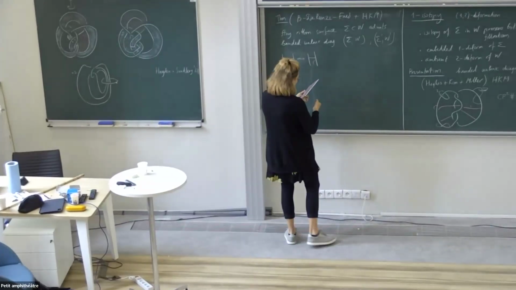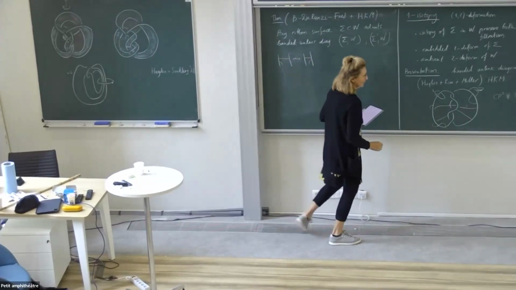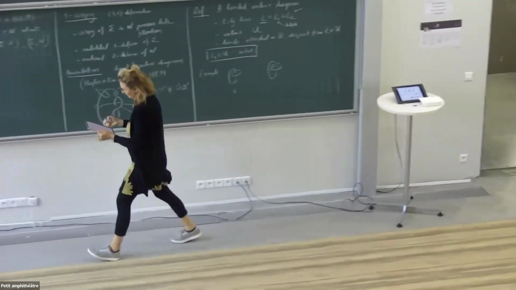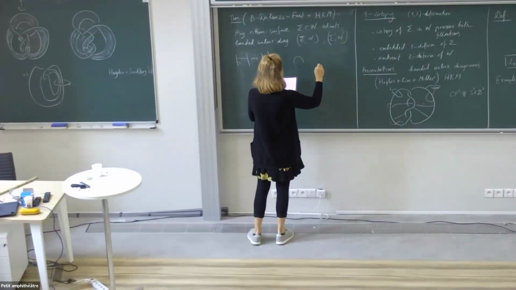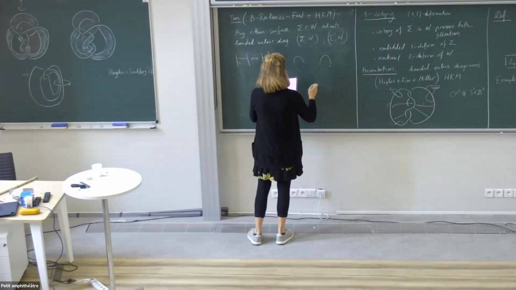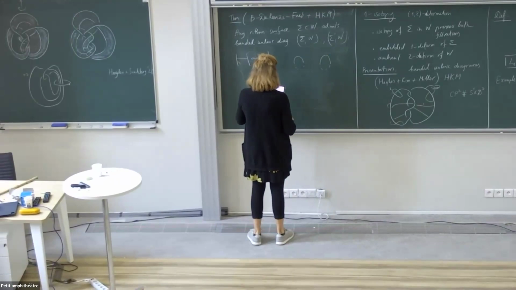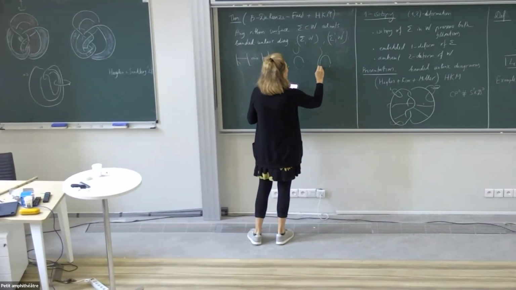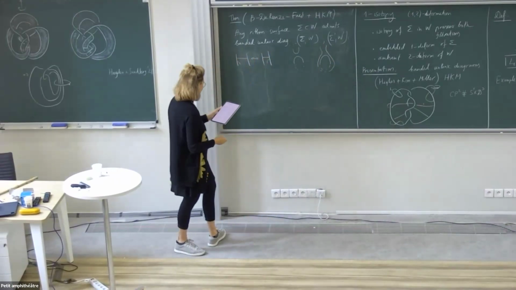The other move is still sliding, but now if you have your green part, so you have two or one handle here, then it's enough to do it only for two handles actually. Then you can slide like this, so you can slide bands over two handles.